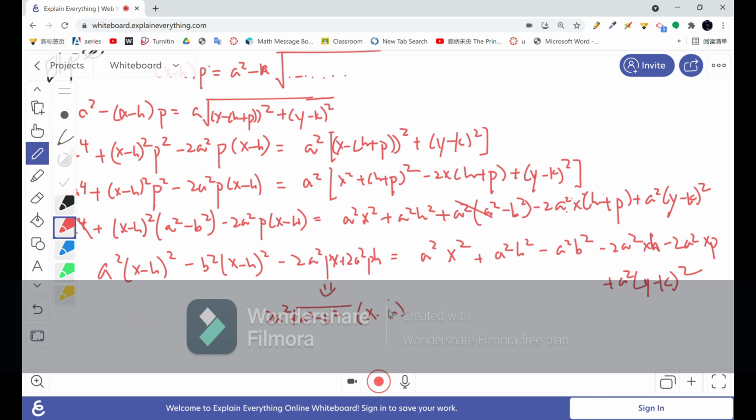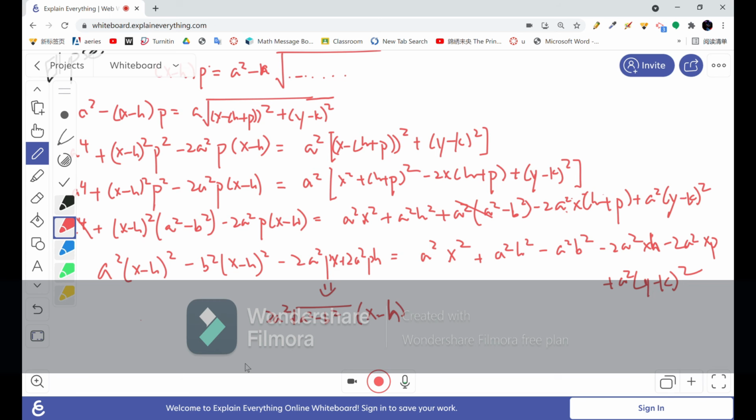So p squared is equal to a squared minus h x.